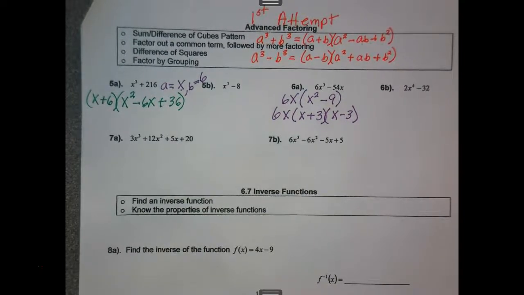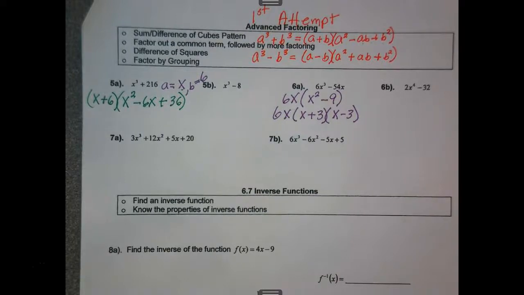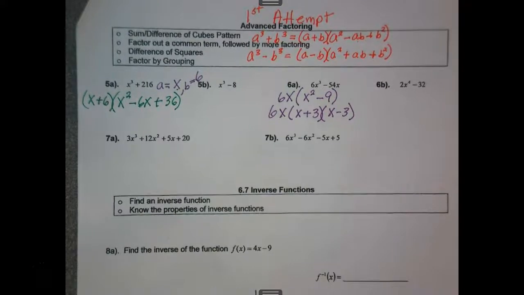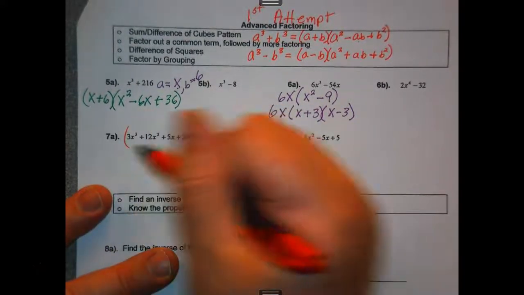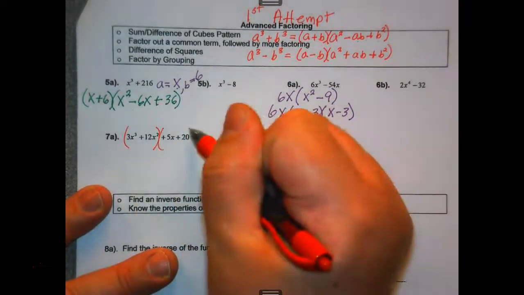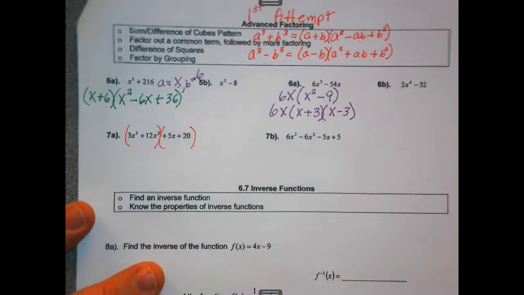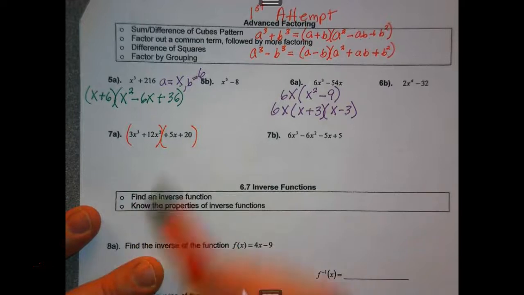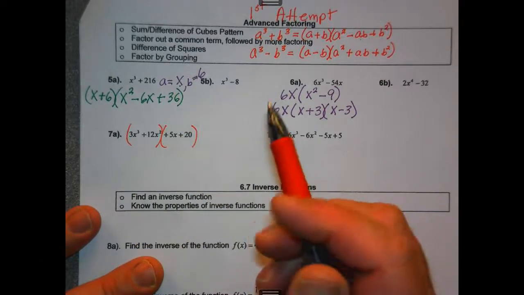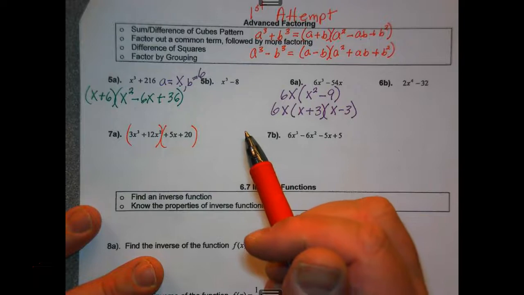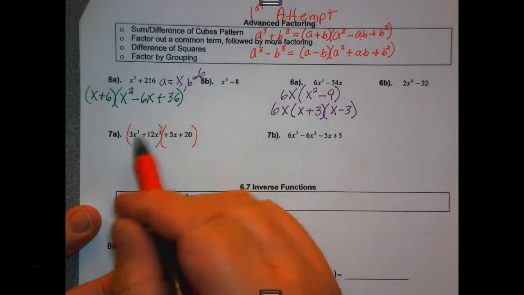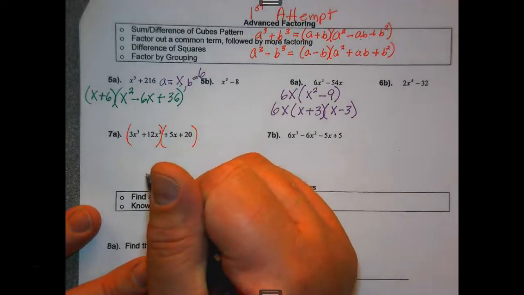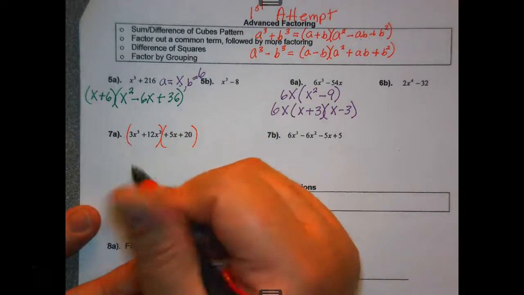All right, number 7A. I have 4 terms. What method do I use for factoring? Grouping. You can only group with 4 terms, and you have to have something in common. For this class, we set it up for you.